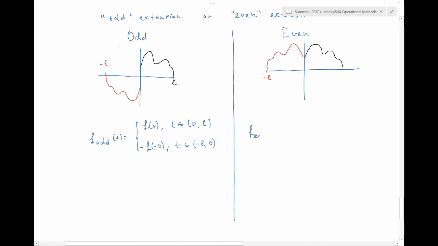For the even extension, it's again exactly the same as the function for t being from the interval from 0 to L, and it's a mirror image of it when t is in the interval from minus L to 0.